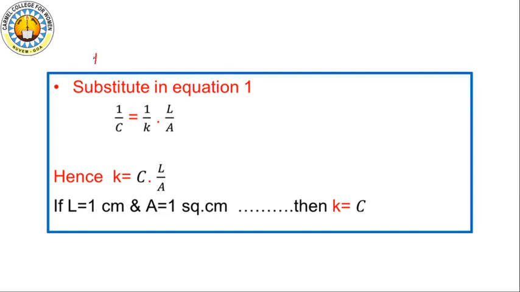Resistance is equal to rho into L upon A. So in place of resistance, it is 1 upon conductance, and in place of specific resistance, we have 1 upon K, where K is the specific conductance, and L upon A is as it is.